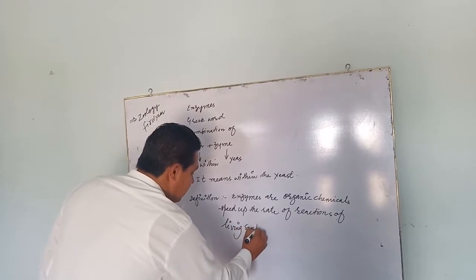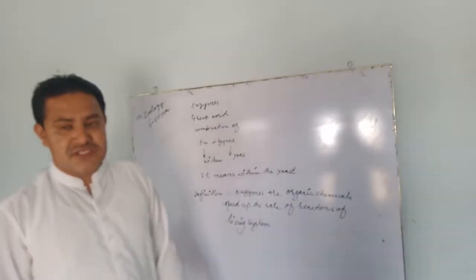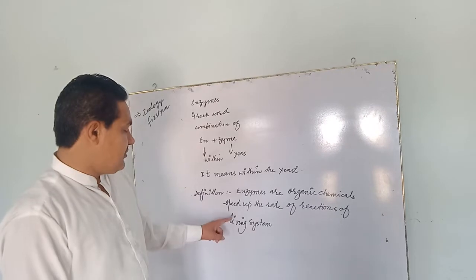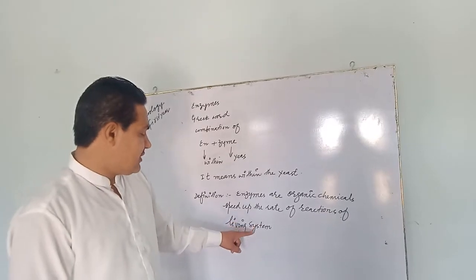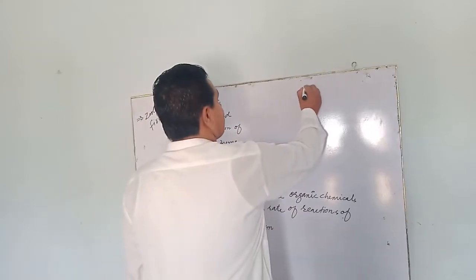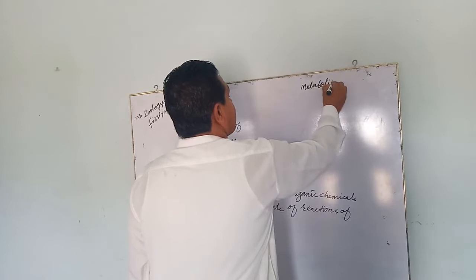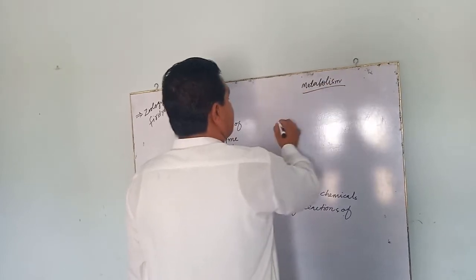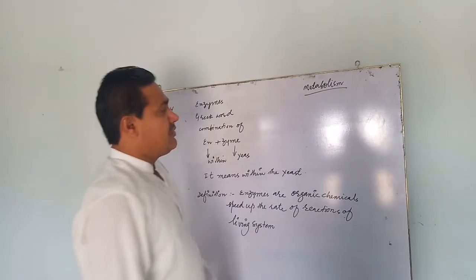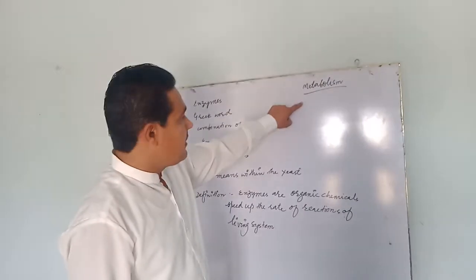Now, what is the chemical reaction of the living system called? The chemical reactions of the living system are called metabolism. What is metabolism? Metabolism is the reactions of the body.